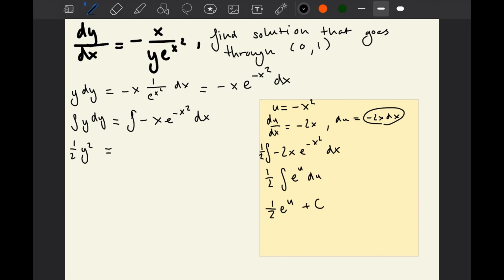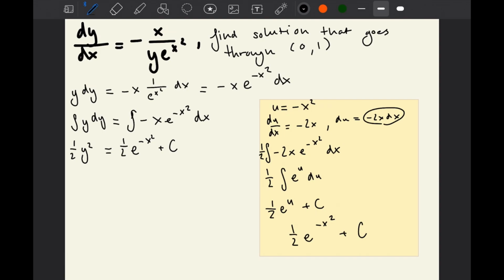And if we plug this back in here, we're going to have 1/2 of e to the power of negative x squared plus a constant. So if we put this back in, it's just the same thing: 1/2 times e to the power of negative x squared. Don't forget the constant. So now we have to apply the point given.